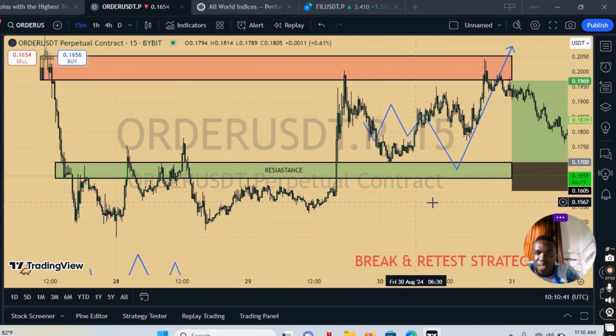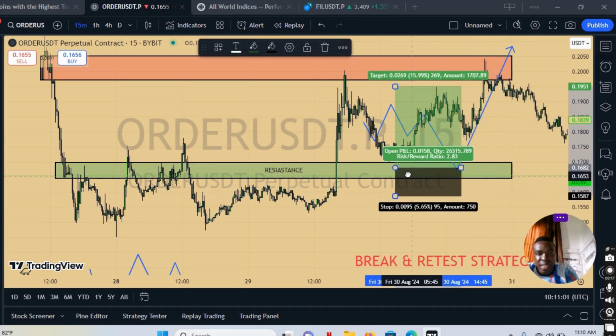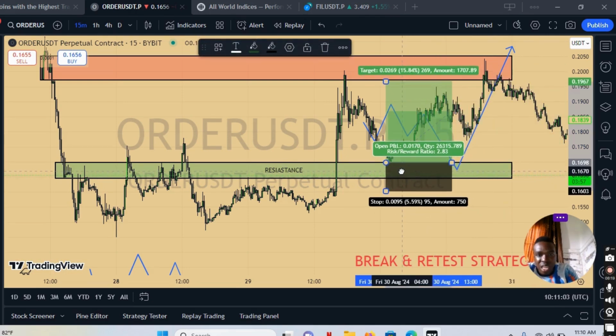Rather, if you check very well, this is where I made my entry, at 0.1700. 0.1700 is a random figure that price will surely come down to retest, and that is just my psychological level. As you can see, it came down to my price, and boom, we are at the upside.